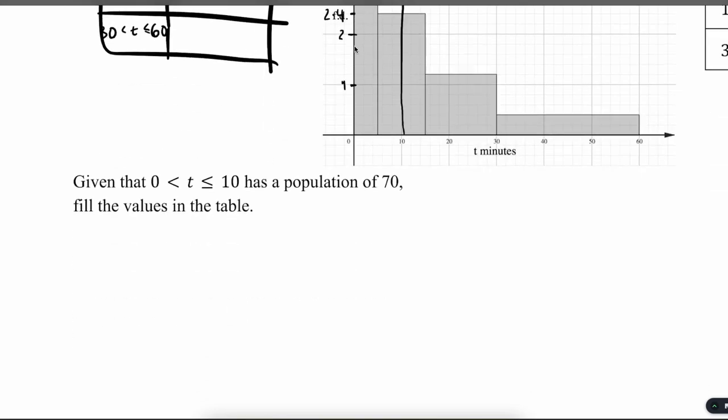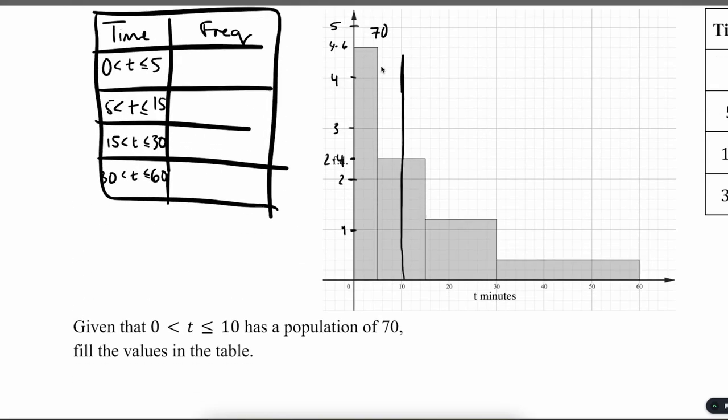So we know if we take 2.4 times 5 plus 4.6 times 5, that is equal to whatever our frequency density scale factor is, lots of 70.